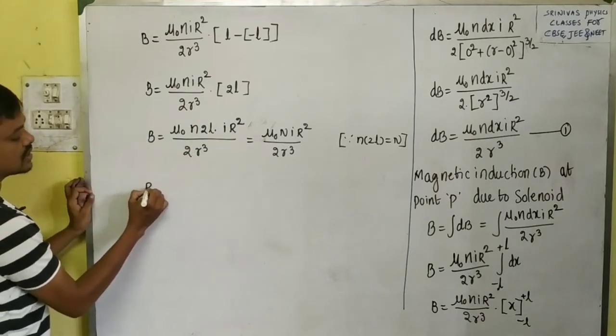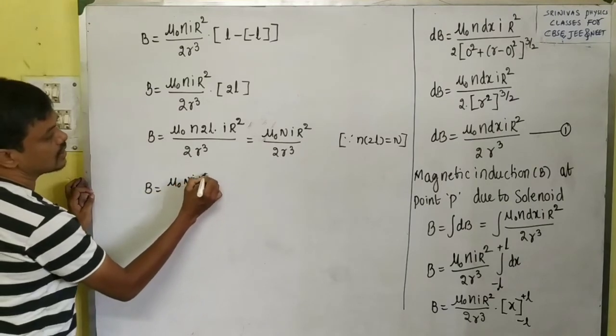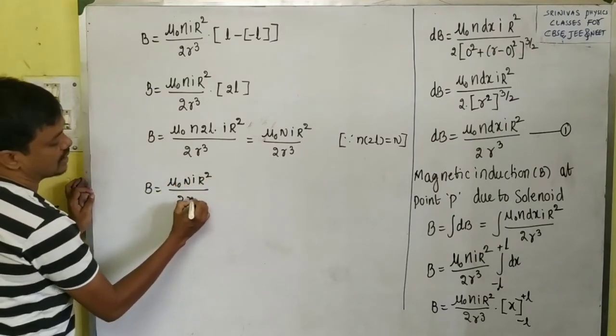I want to modify this into a different format. For that I will multiply and divide by 2 pi.